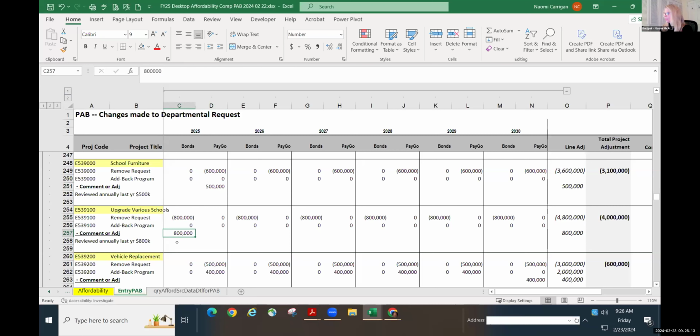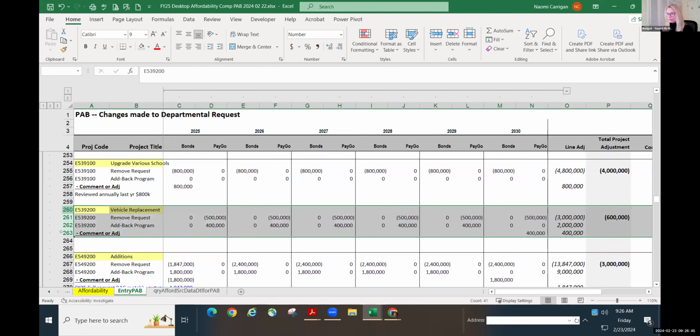Facility modifications that are beyond scope of routine minor construction. So they don't think it deserves its own capital projects. We're still removing 4 million from the line. What was it last year, Naomi? Wasn't it 800? It was 800 this one. Okay, so let's do 800 and then delete the out years.